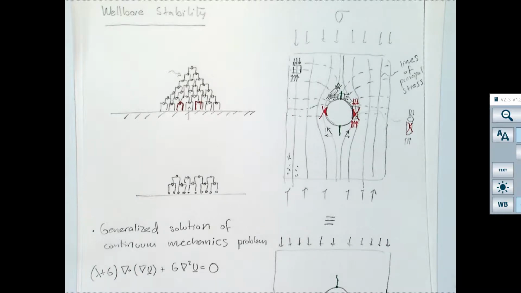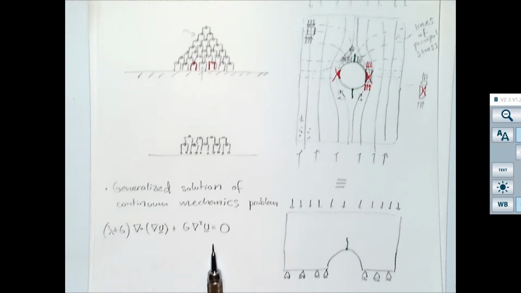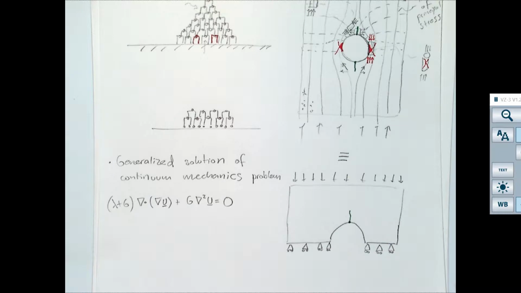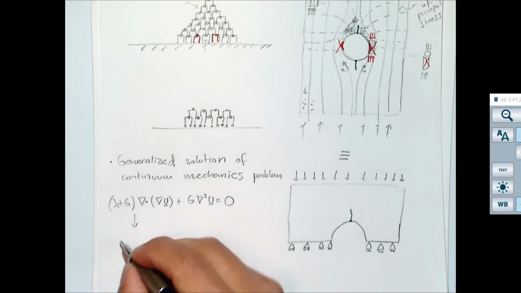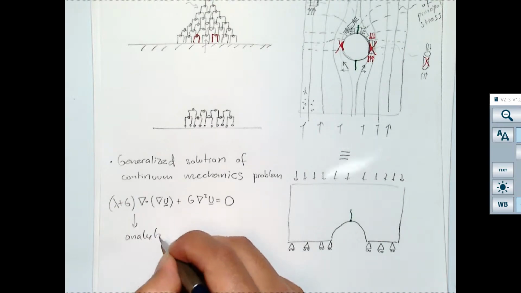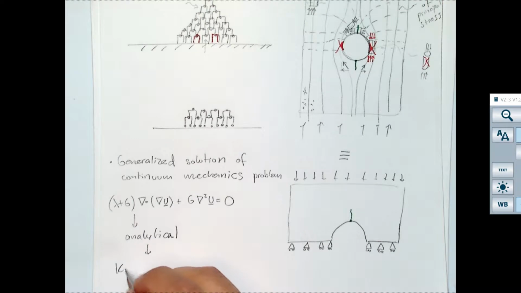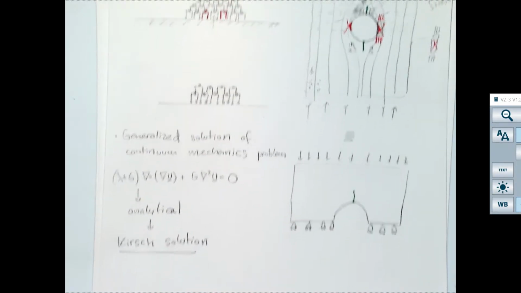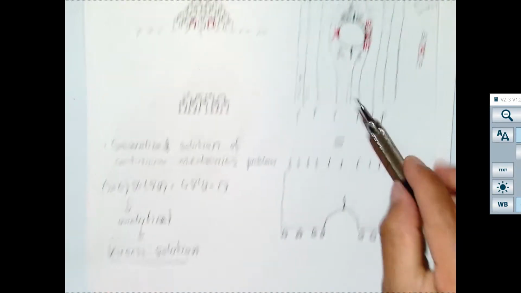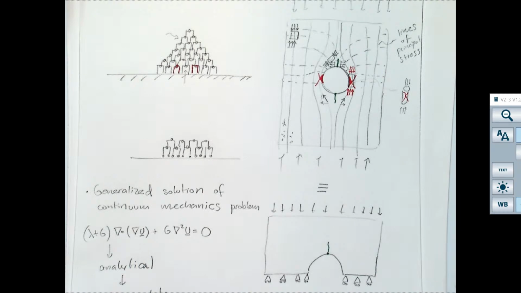But basically, in order to solve this problem, you will either do it numerically or, fortunately for us, there is an analytical solution, which is called the Kirsch solution, and the Kirsch solution allows us to calculate stresses all around the wellbore.